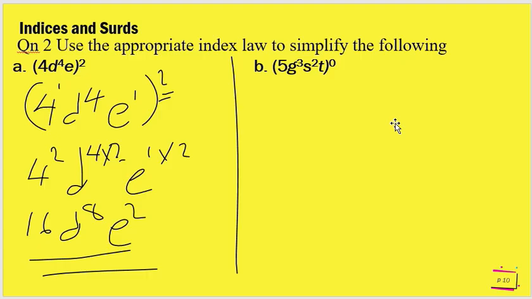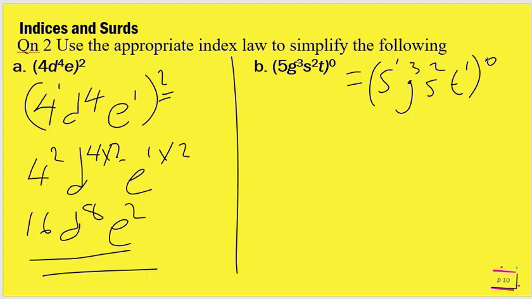appropriate rule to simplify. The first rule that we have to use here is just the rule that we have used here. We need to multiply the powers, so this is just equal to 5¹, g³, s², and t⁰, then we all raise them to power 0.